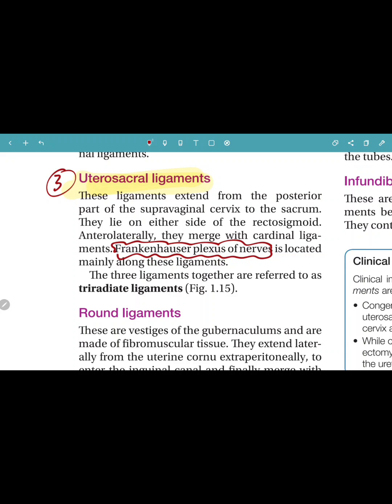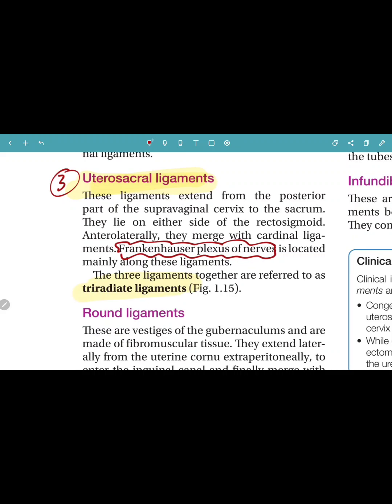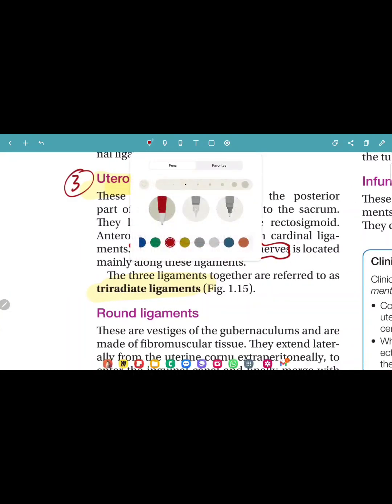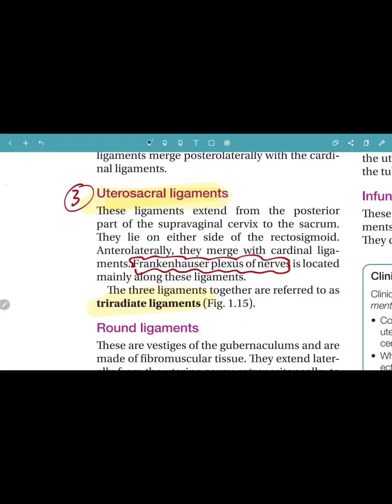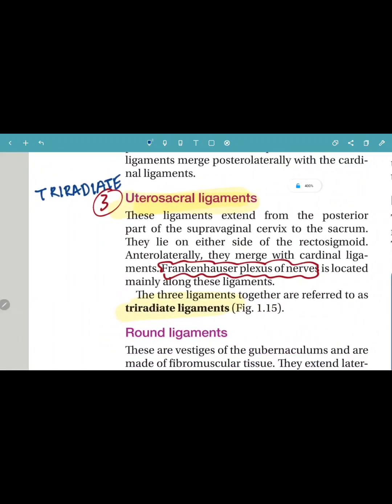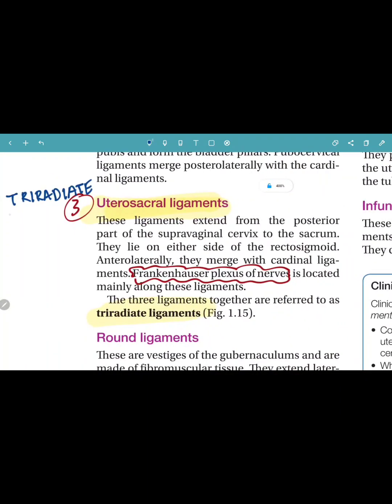So the 3 ligaments together are referred to as triradiate ligaments. Very, very important MCQ question. What do you mean by triradiate ligaments?